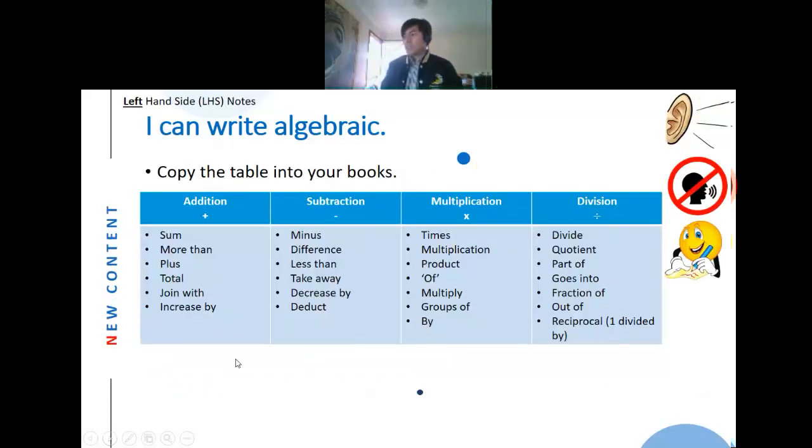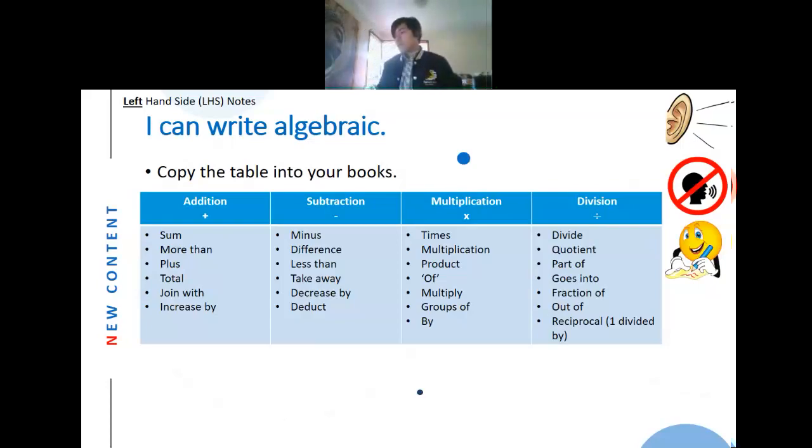So the next part here is a list of vocabs, okay, that can be used to represent the same thing as addition, subtraction, multiplication, and division. So when you see the word sum, okay, that means addition. Okay, more than, plus, total, join with, increase by, they all mean addition. Minus, difference, less than, take away, decrease by, deduct, that means subtraction.